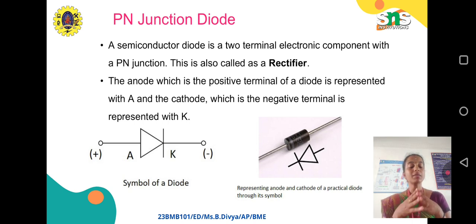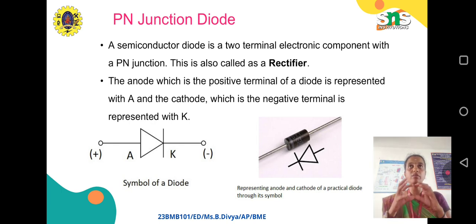A semiconductor diode is a two-terminal electronic component with a PN junction. It is also called a rectifier, which is used for rectification purposes.